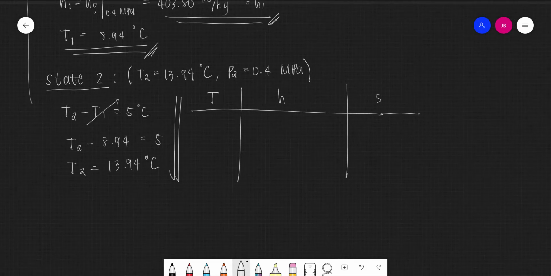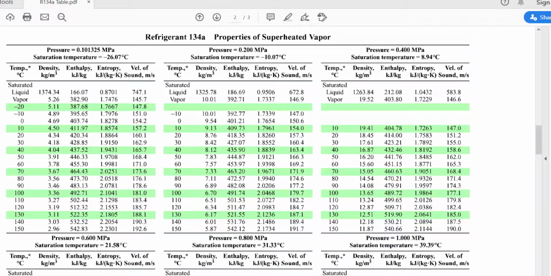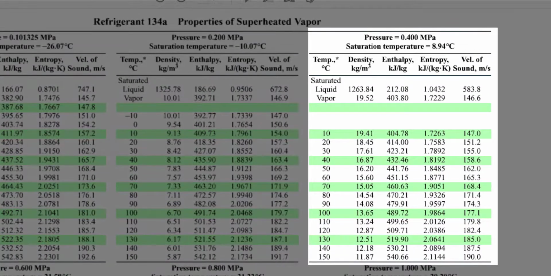So let's go to our superheated tables. We have 0.4 megapascals, 13.94 is somewhere in between 10 degrees Celsius and 20 degrees Celsius. So let's just copy the corresponding enthalpies and entropies in this table.